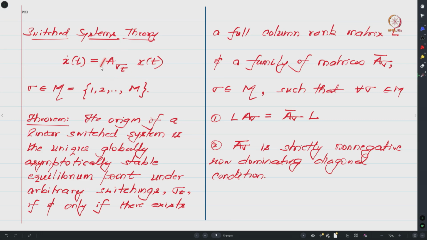So we have M many choices here, and which choice you use is based on this switching signal sigma of t.